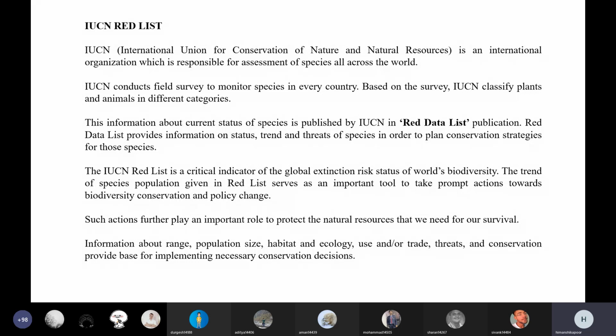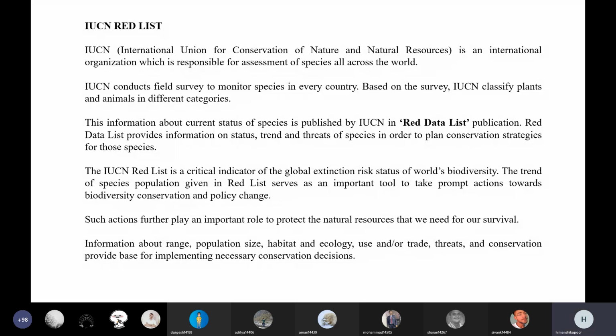And then we can protect these natural resources in a better manner. So it provides information about range, population size, habitat, ecology, use or disuse or trade, threats, and conservation actions. So that are necessary for the sustenance of species.